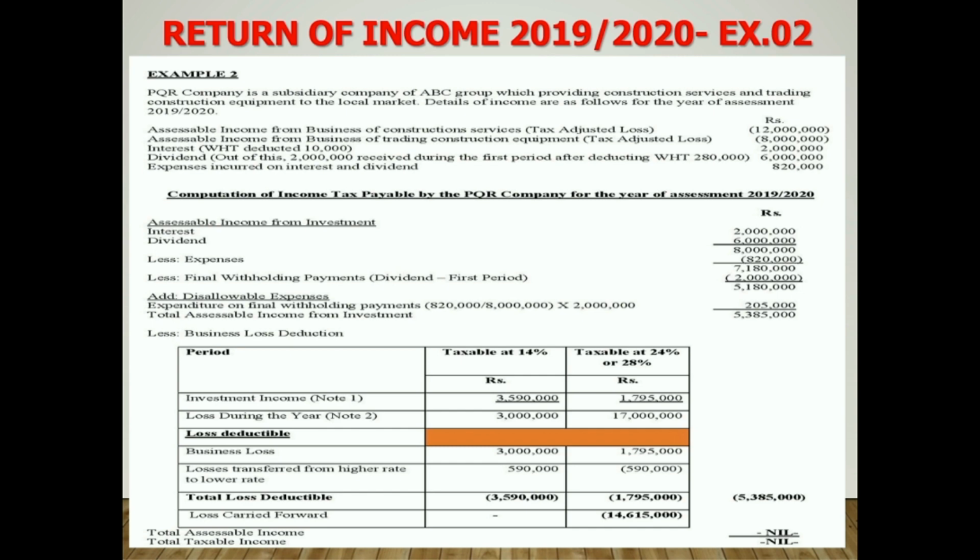Expenses incurred on interest and dividend are rupees 820,000. From this information, we'll see how you can compute the income tax liability for the year of assessment 2019-20.